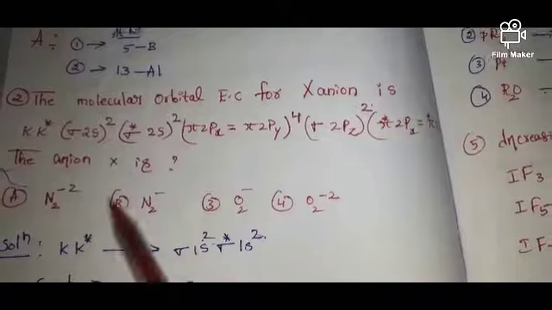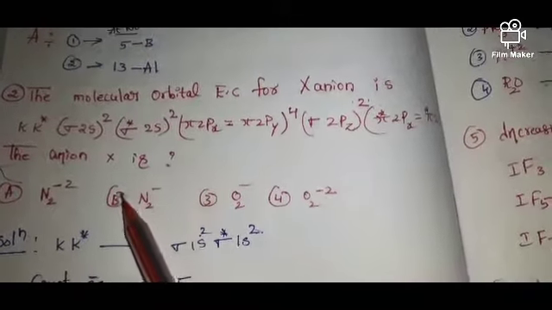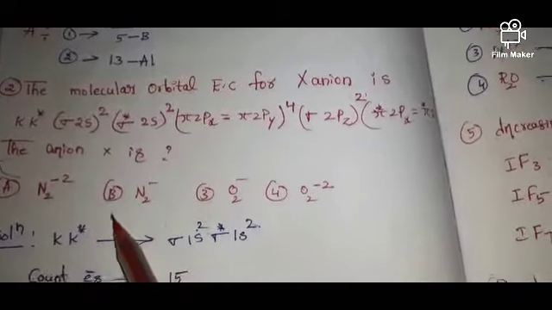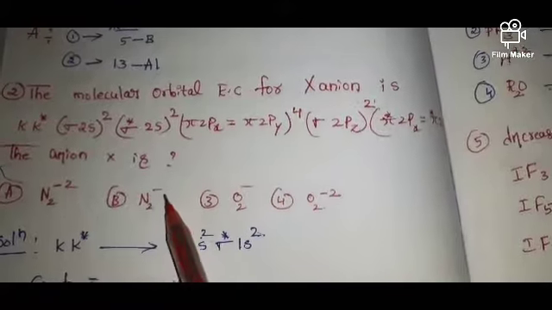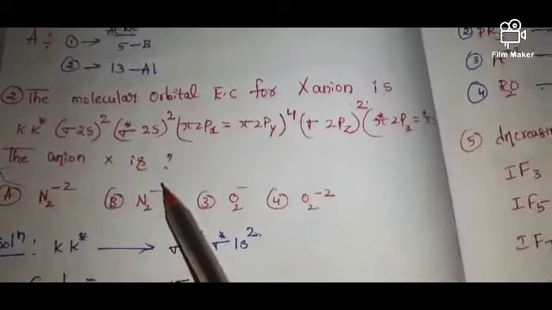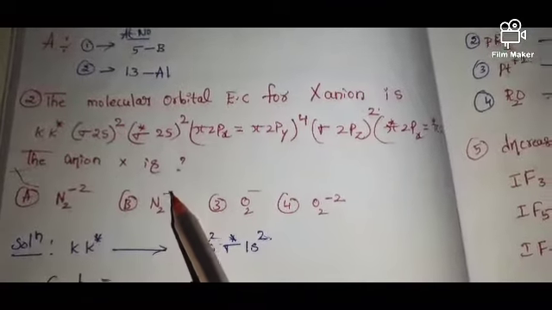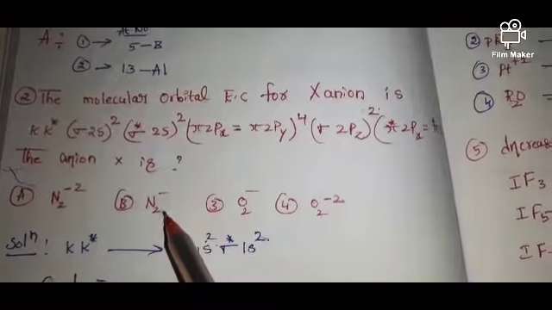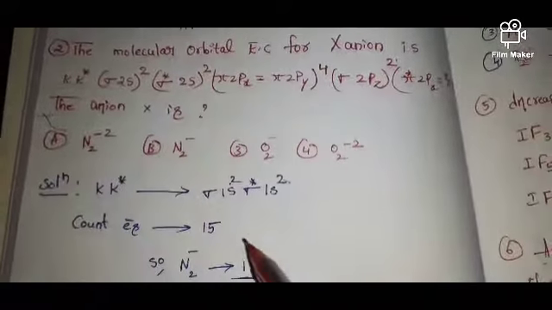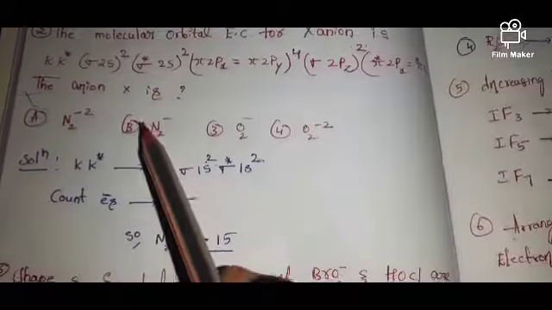Nitrogen has 7 electrons, and here 2 nitrogens are present, that means 14 electrons, and one negative charge makes 15 electrons. So our option is B, friends.